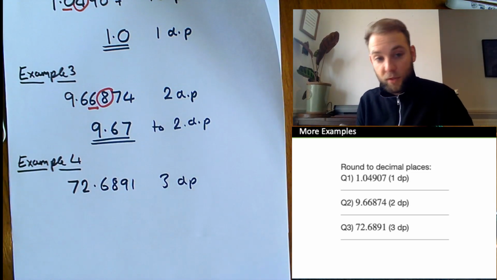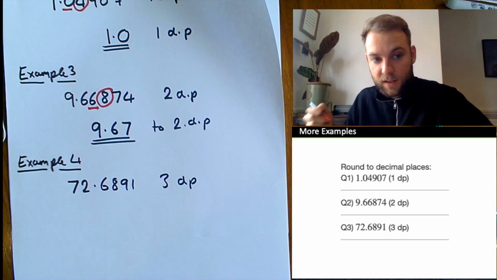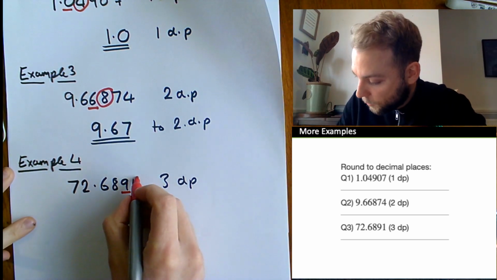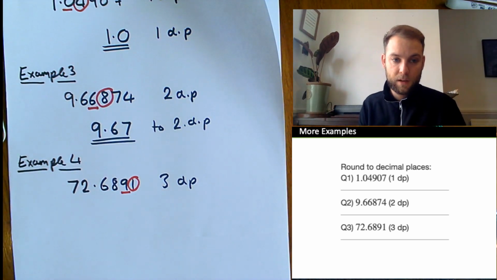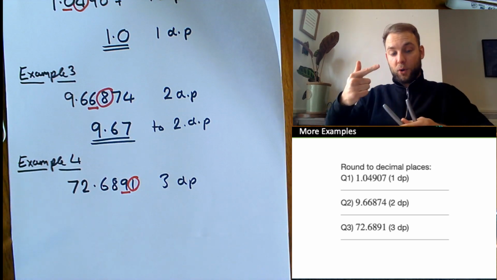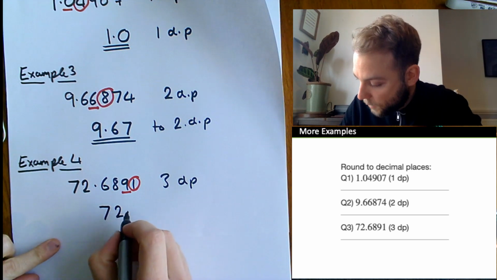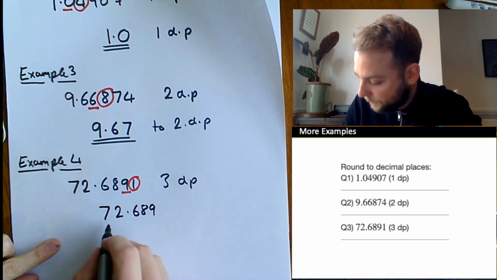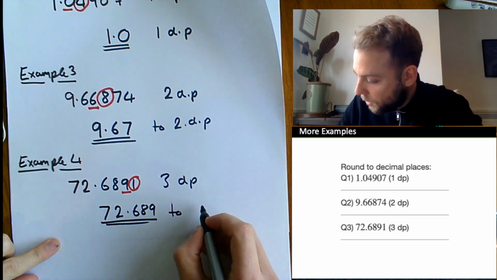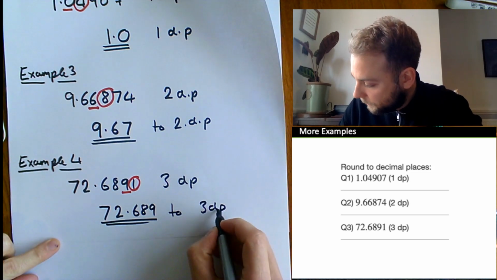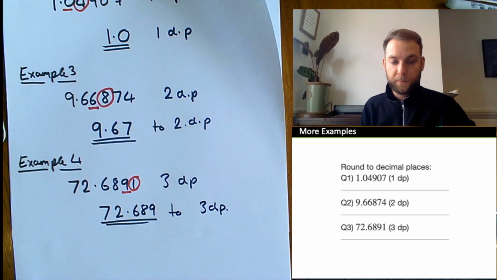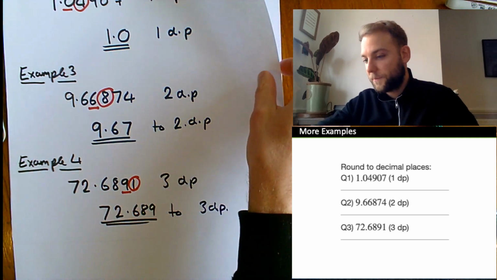So where's my third decimal place? Well, my third decimal place is going to be this 9. So I'm looking at this 1 here. So it's 5 or above, I round up. 4 and below, I stay the same. So this one is going to stay the same at 72.689 to 3 decimal places. Remember to get all of those in your book. The only way to learn maths is to do it.